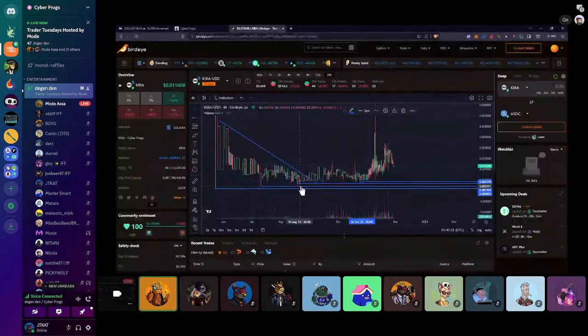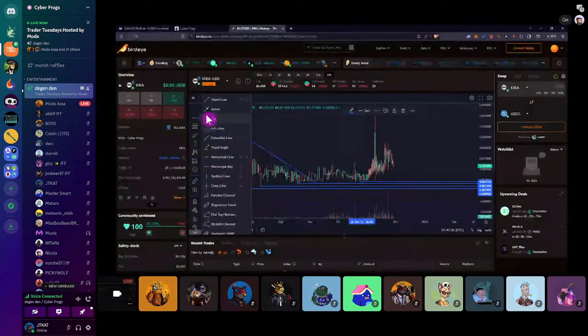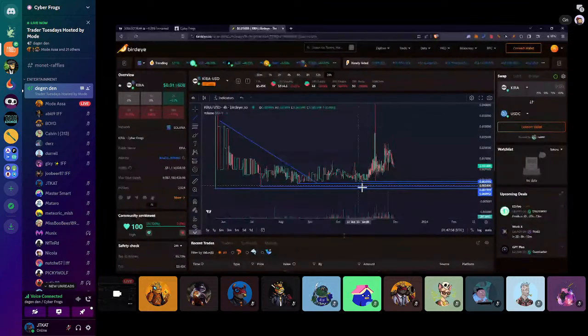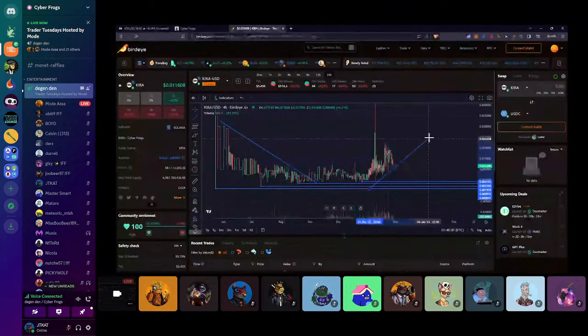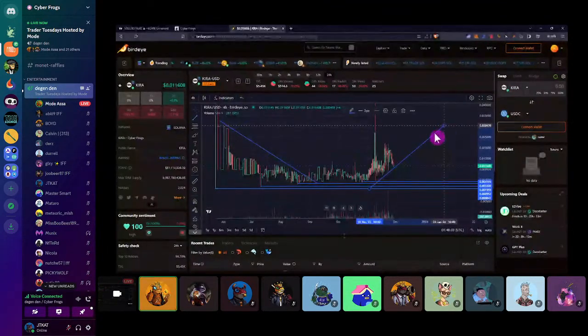See how we're continually taking small steps up? And you can see the line of support. Support, support, making higher highs and higher lows.